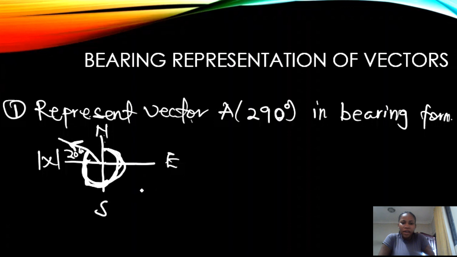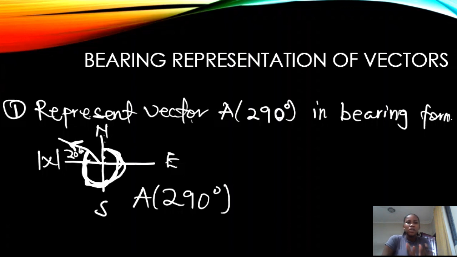So this is a bearing of 290 degrees. We always know that we are starting from the north and going clockwise. You just have to keep getting the angles. If it's not up to it, you add an angle that would give you the exact bearing angle that was given in the question.